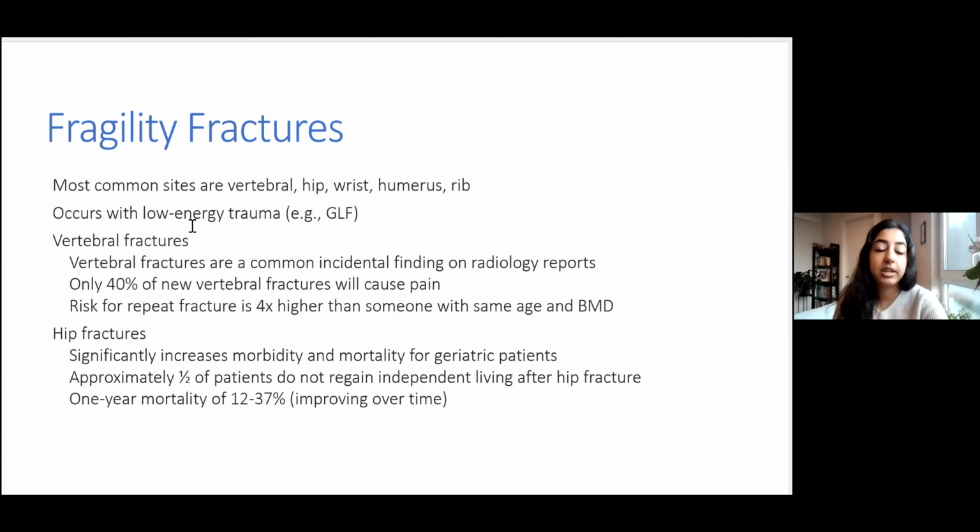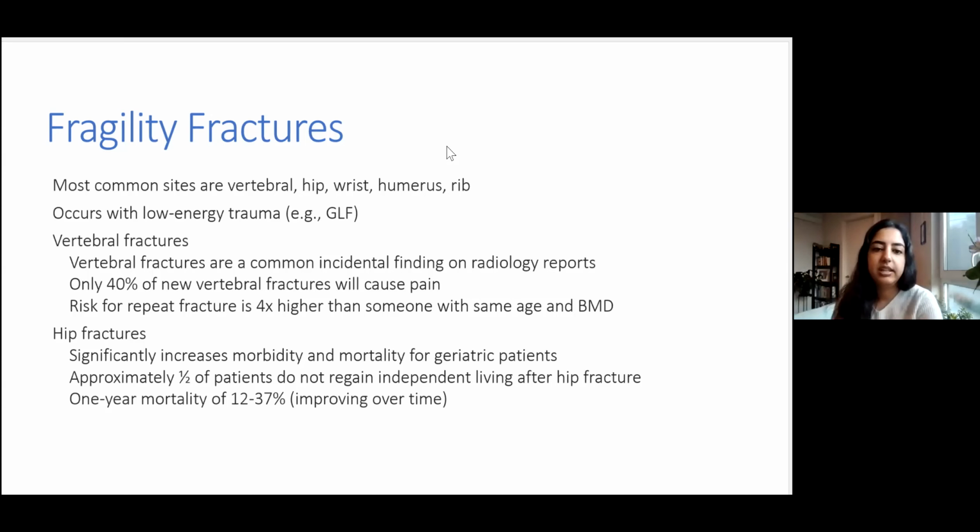And then hip fractures are a huge source of mortality for geriatric patients. Some older studies estimated the 1 year mortality after a hip fracture being 37%. So it used to be the thinking that after a geriatric patient had a hip fracture, 1 in 3 would die within the year.